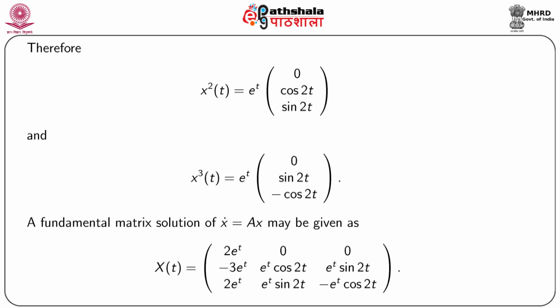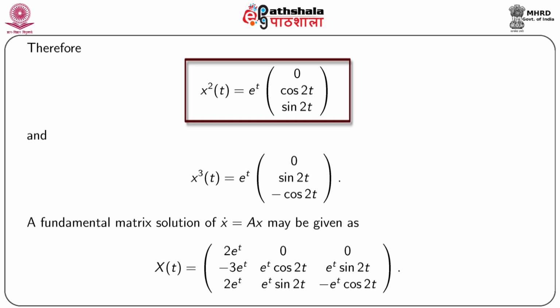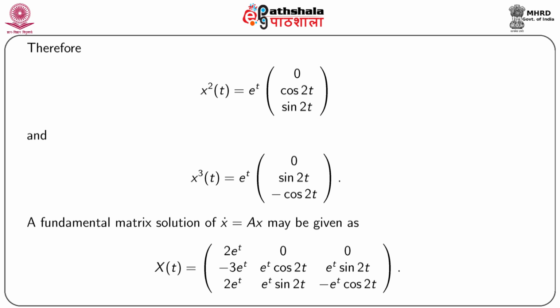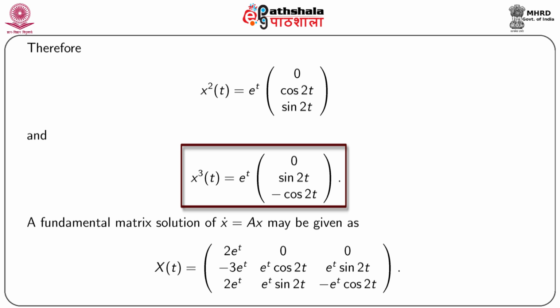And therefore, our second solution x2(t) can be written as e to the power t multiplied by (0, cos 2t, sin 2t), and x3(t) is equal to e to the power t (0, sin 2t, -cos 2t).